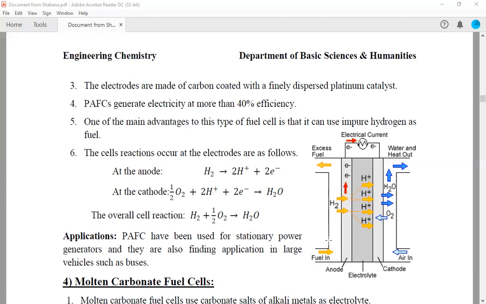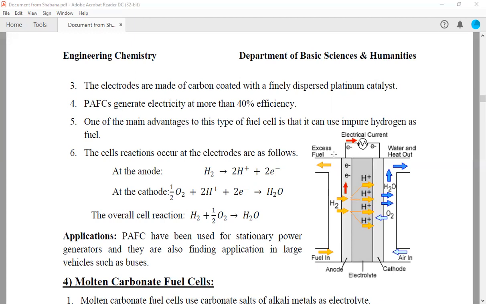Coming to the applications of the phosphoric acid fuel cell, it is used for stationary power generators with output of about 100 kilowatts to 400 kilowatts, and it is used for large vehicles such as buses.